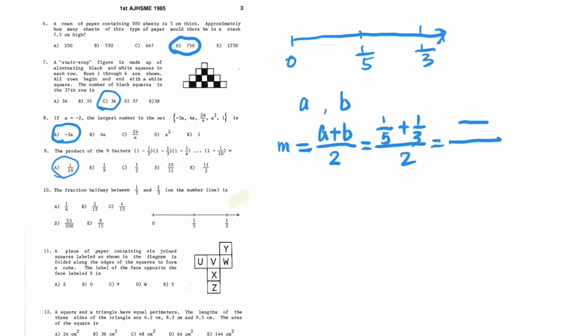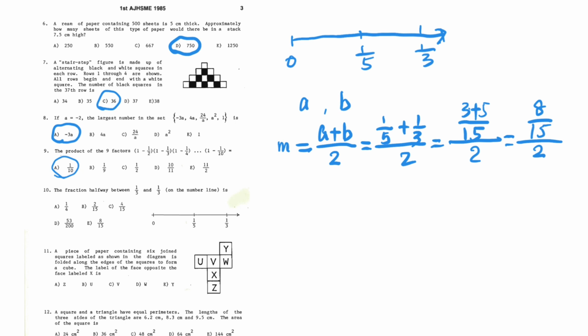So the LCD of the numerator is 15. So 5 times 3 and 1 times 3, that's 3. 1 over 3, numerator and denominator times 5, over 2. That gives us numerator 8 over 15.